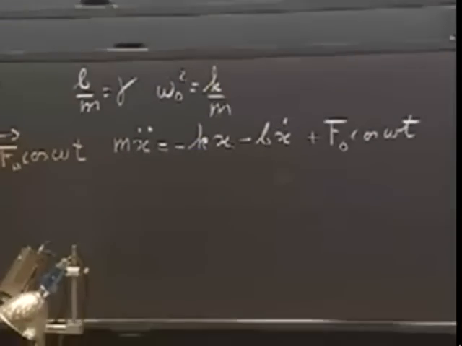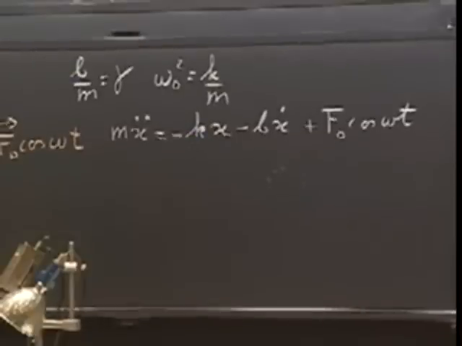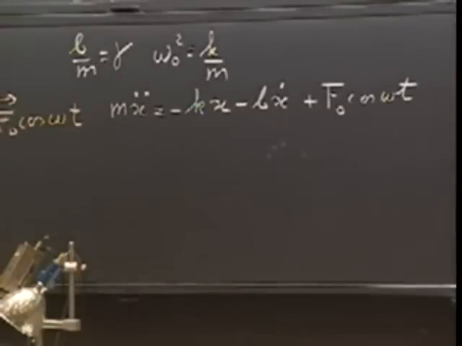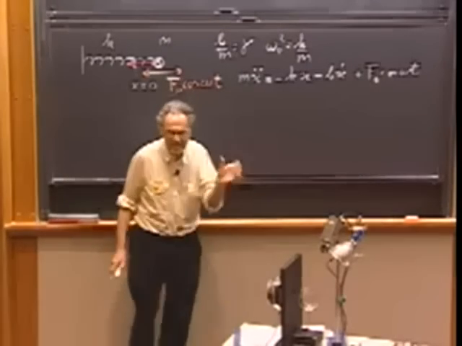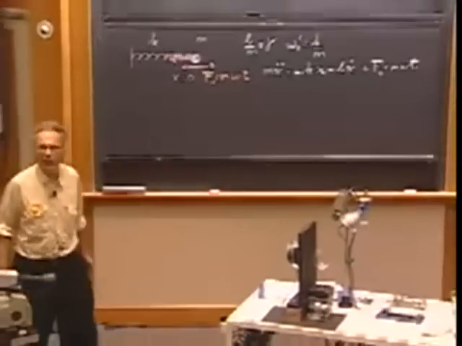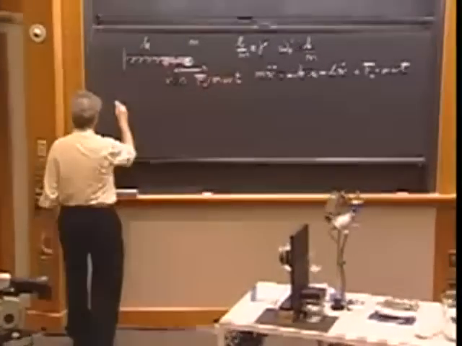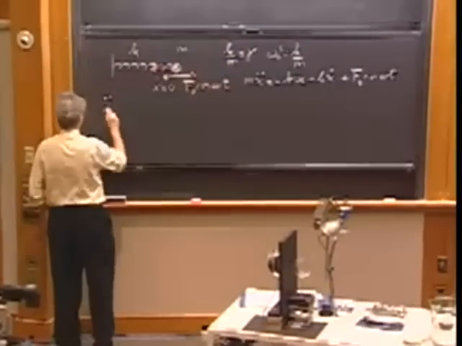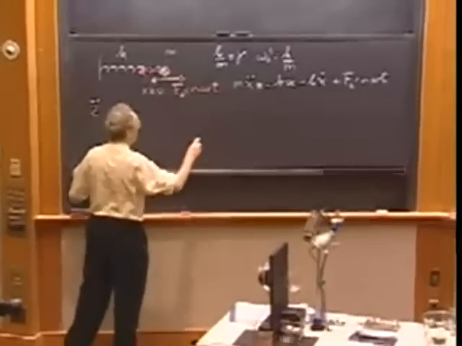What I'm going to do now, I'm going to move this to the complex plane. Not that it is absolutely necessary, but I'm so used to that. So I'm going to write this now in terms of a z, and then we take the real part of z later, which goes back to x. So I write this in terms of z double dot. I divide m out.